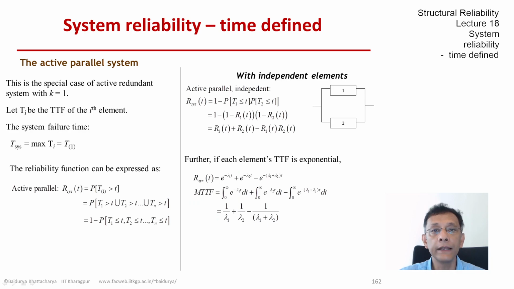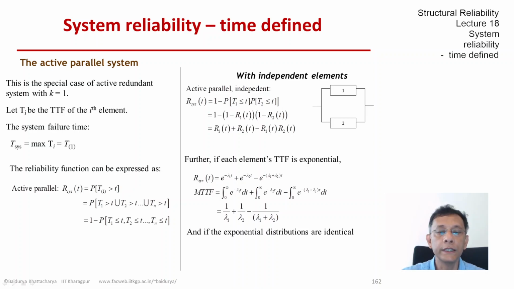The mean time to failure, we'll use the property that the MTTF is the integral under the reliability curve. So we integrate all those terms in the system reliability curve, and we find that it's a simple integration. The mean time to failure is 1 by lambda 1 plus 1 by lambda 2 minus 1 by lambda 1 plus lambda 2.